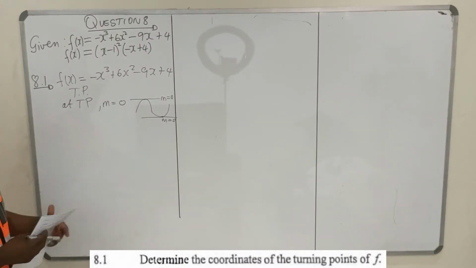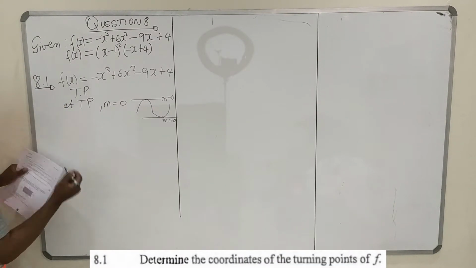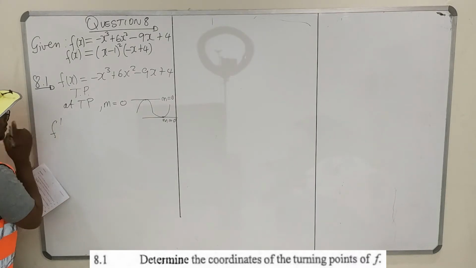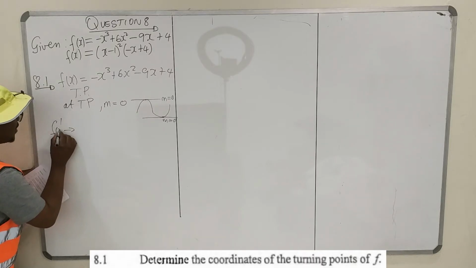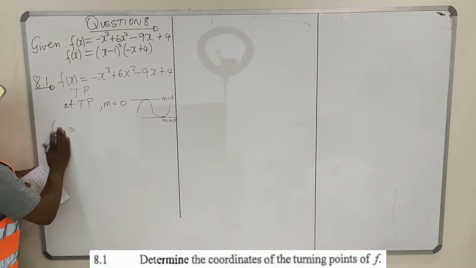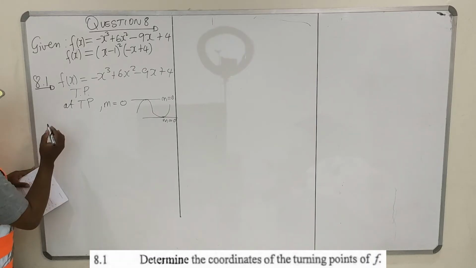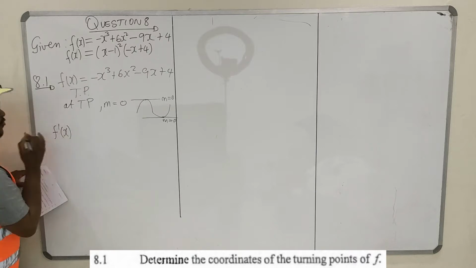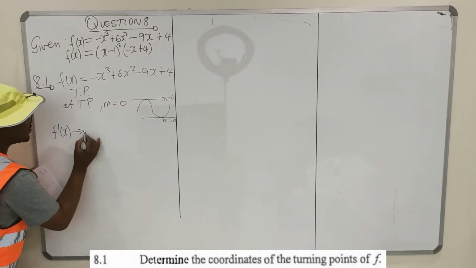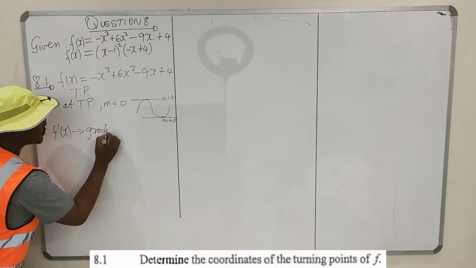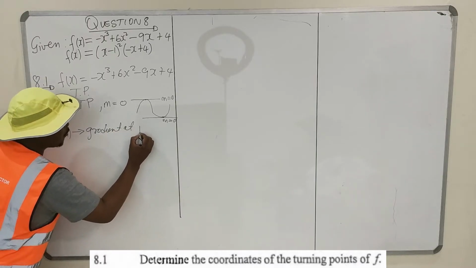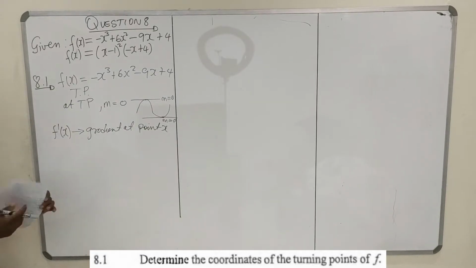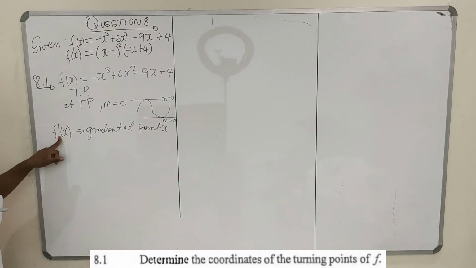So you know that if you find f prime, which is the derivative of f with respect to x, this gives you the gradient at point x. So a derivative of a function gives you a gradient at a point.